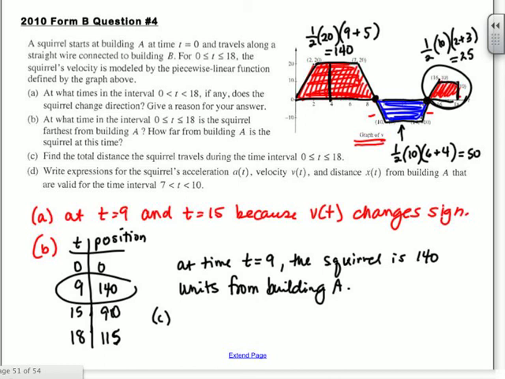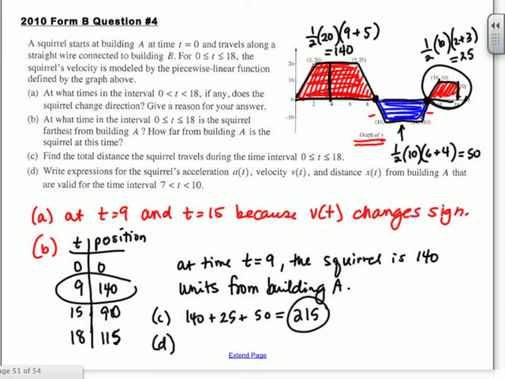Because the squirrel is traveling forward a certain distance, and then backwards a certain distance, and then forward a certain distance again. So you're adding those positive distances together. So you're going to have 140 plus 25 plus 50. Yeah, I'm blanking. 215. Thanks. All right, so 215.